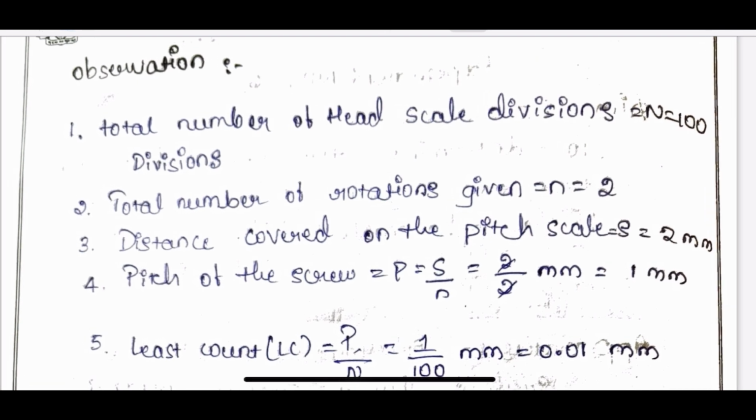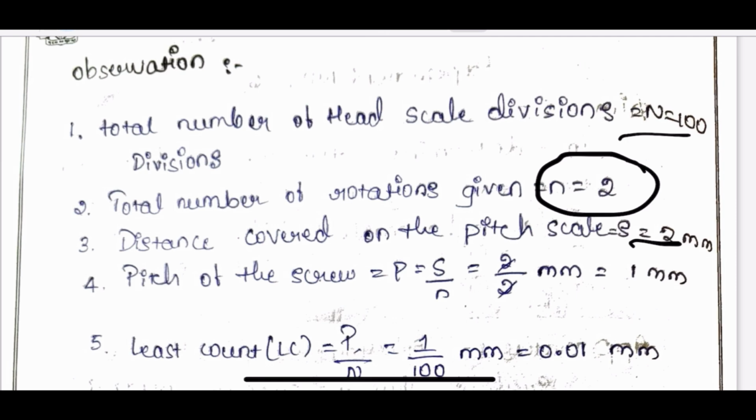Total number of divisions on the head scale is 100. How many rotations you give, that many pitch divisions open on the pitch scale. For example, if you give 2 rotations, then 2 divisions open on the pitch scale, so we observe 2 divisions of movement.